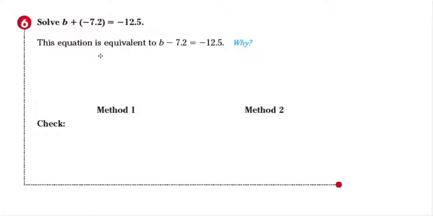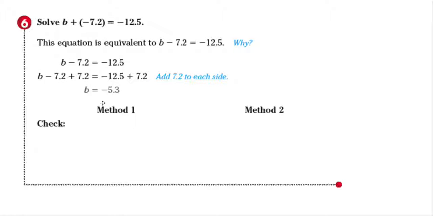So let's solve this. B minus 7.2 equals negative 12.5. We want to undo negative 7.2, and therefore we need to add 7.2 to both sides of the equation. We end up with b equals negative 5.3.